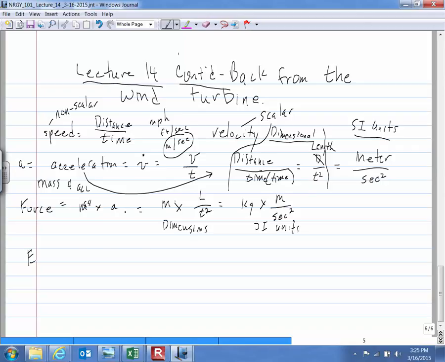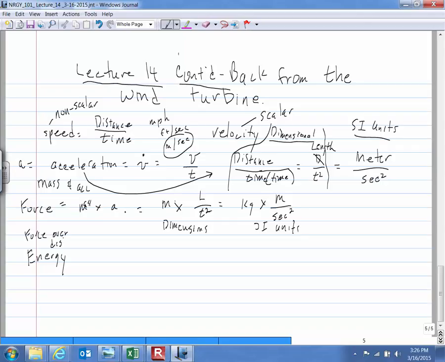What's energy in relation to, what's its definition? Related to force and distance. Energy is force over distance. Okay? Maybe that isn't right to say.